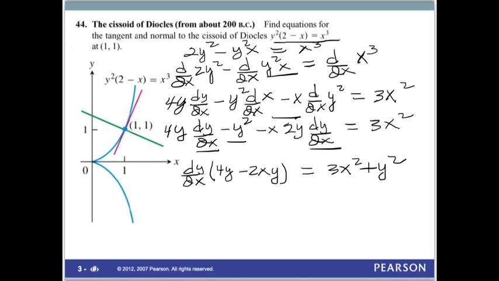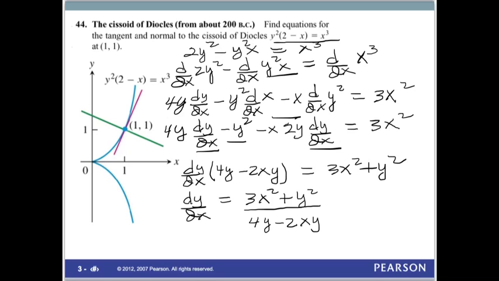And now we can divide by 4y minus 2xy to solve for dy/dx. And we get dy/dx is equal to 3x squared plus y squared divided by 4y minus 2xy.